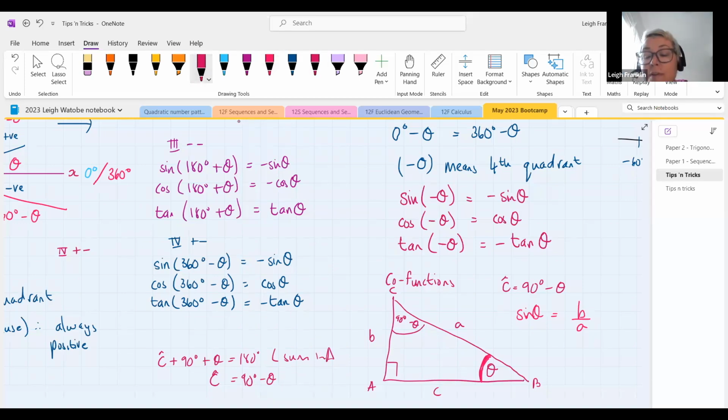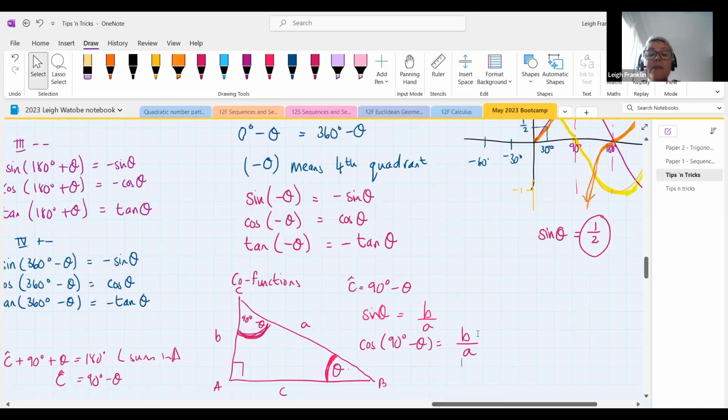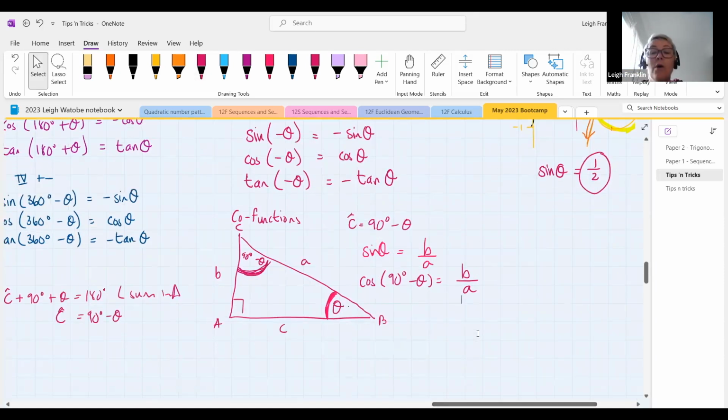Instead of theta, I'm going to use 90 minus theta. The cos of any angle is adjacent over hypotenuse, so the cos of 90 minus theta would also be B over A. That's why the cos of 90 minus theta is equal to sine theta. It comes from a right angle triangle.